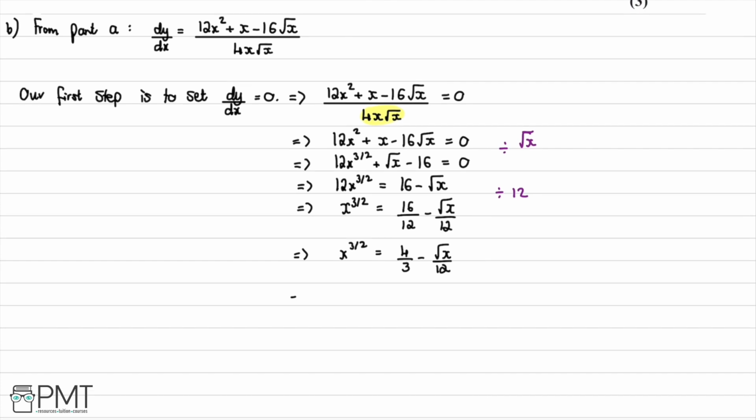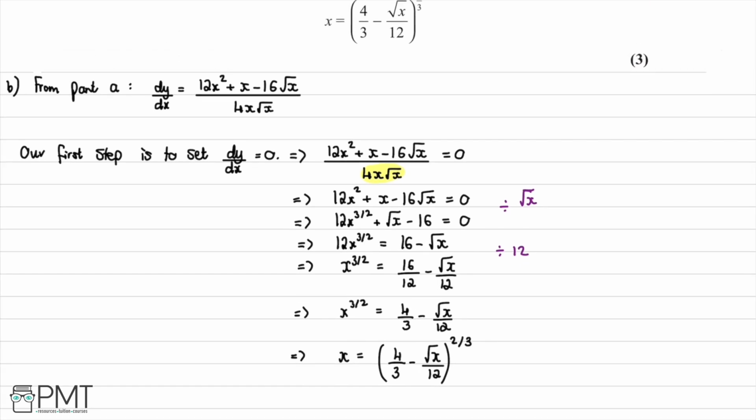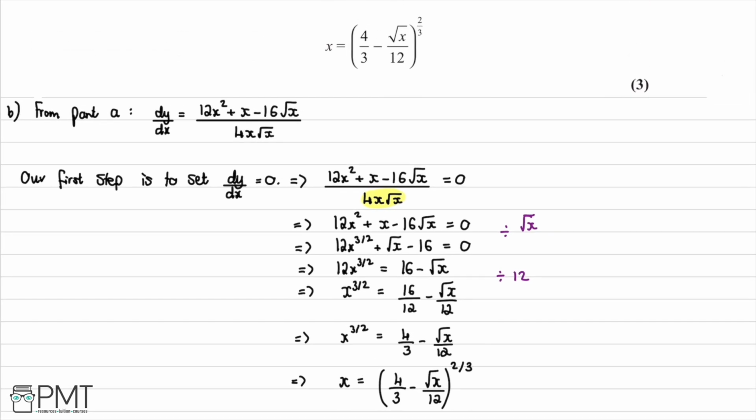Now all that's left for us to do finally is to take the 2/3 root of both sides, and that is going to leave us with x on its own, and then we have 4 over 3 minus the square root of x over 12, and we pop our brackets in and take it to the power of 2 over 3. Looking back at the question, this is what we were asked to show. So we've shown that x is equal to 4 over 3, take away root x over 12, to the power of 2 over 3.